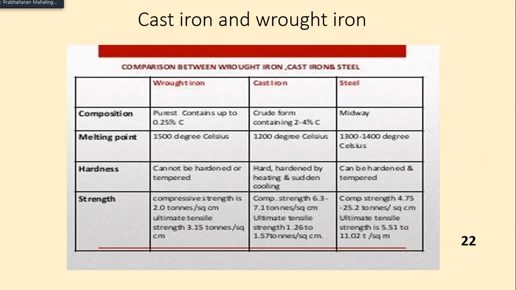Melting point of wrought iron, 1500 degrees Celsius. Cast iron, 1200 degrees Celsius. Steel, 1300 to 1400 degrees Celsius. Hardness: wrought iron cannot be hardened or tempered.